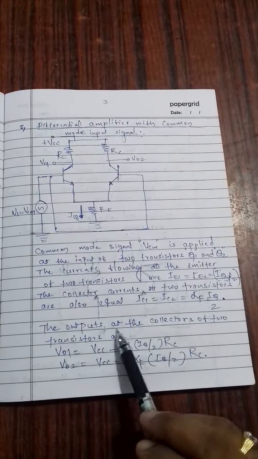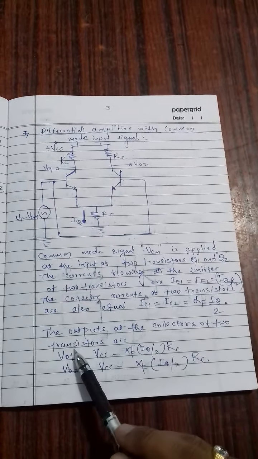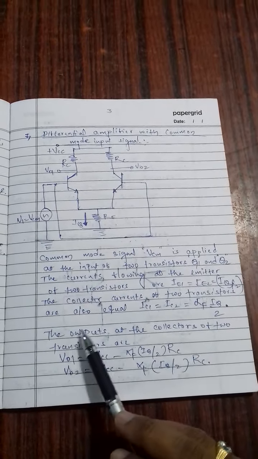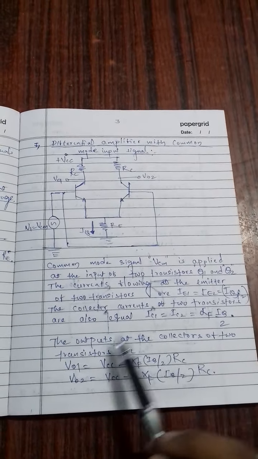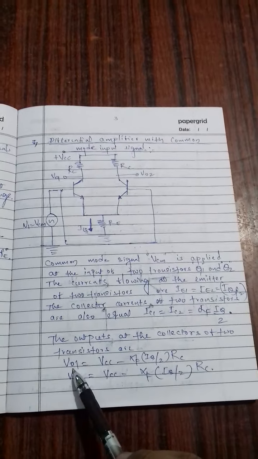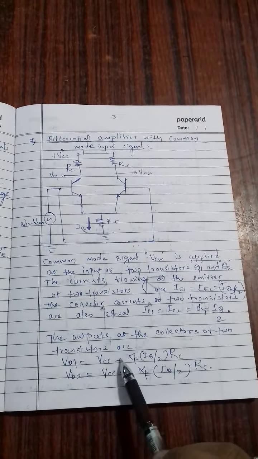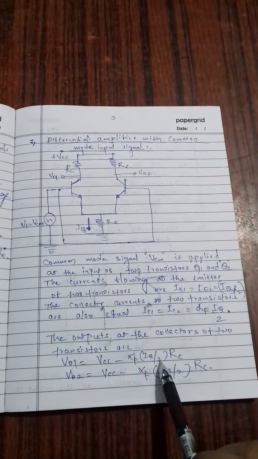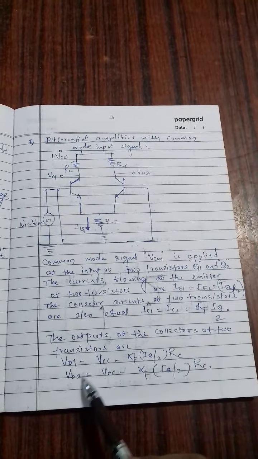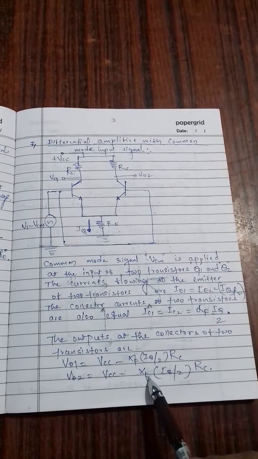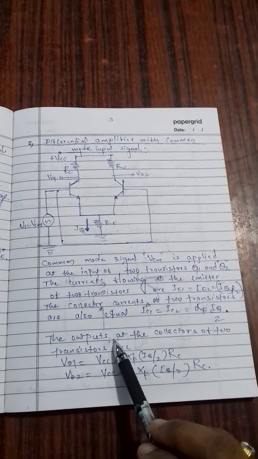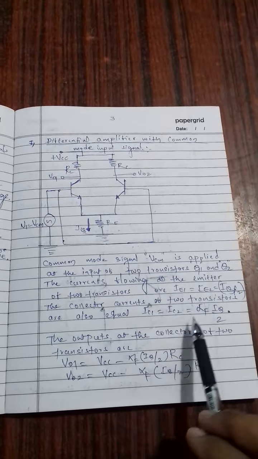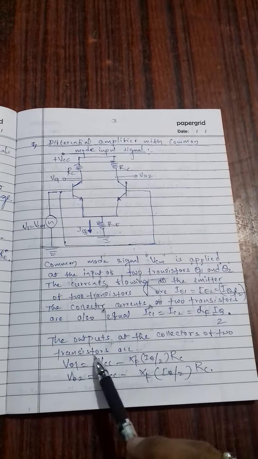The outputs at the collectors of the two transistors are VO1 is equal to VCC minus alpha F IQ upon 2 into RC, and VO2 is equal to VCC minus alpha F IQ upon 2 into RC.